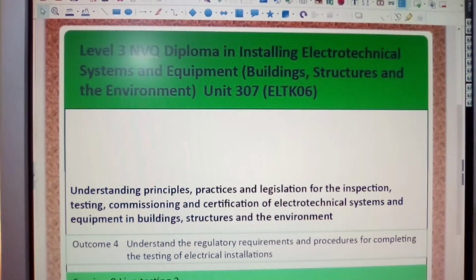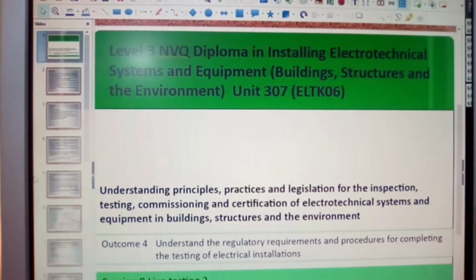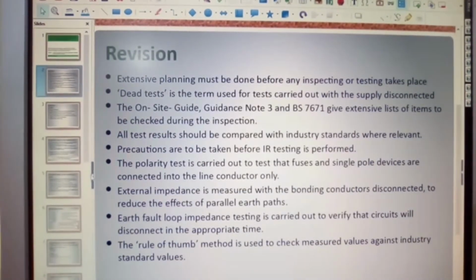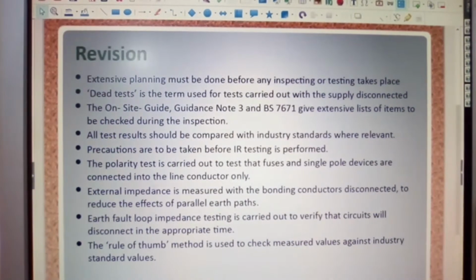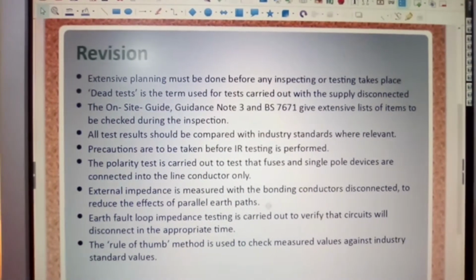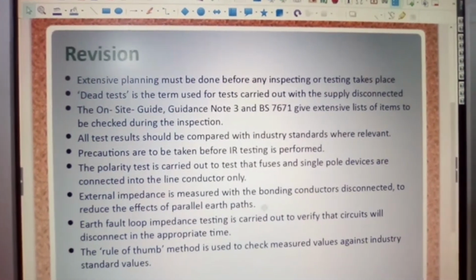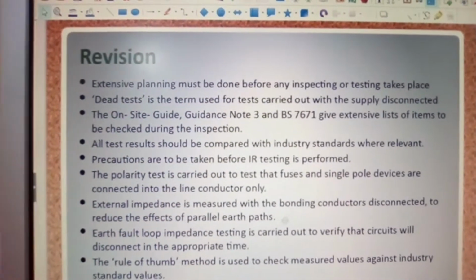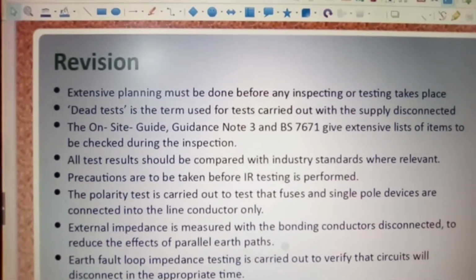Now, you need to take the time to actually read this through and to look at the work being presented in the PowerPoints. Now, all I'm going to do here, I don't need to read this out to you. You can read this for yourselves, okay?